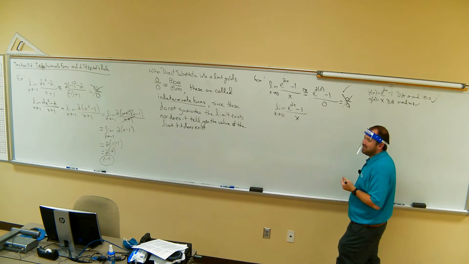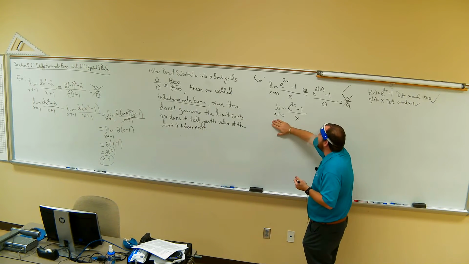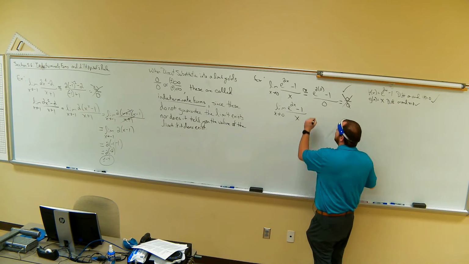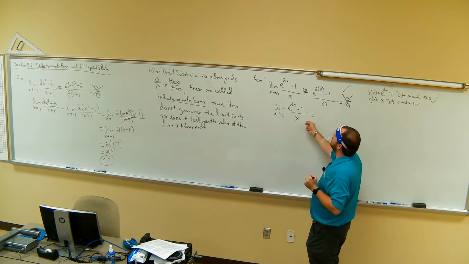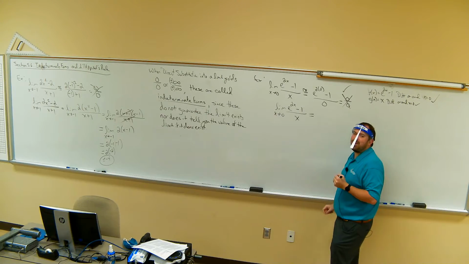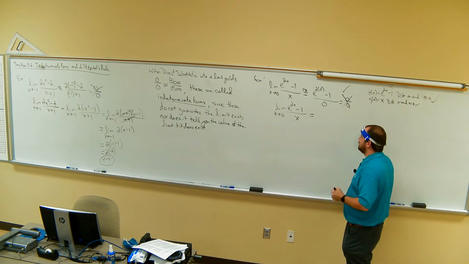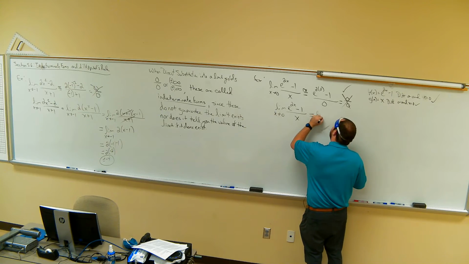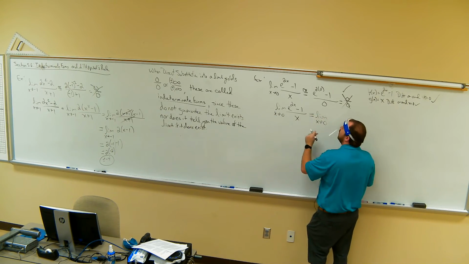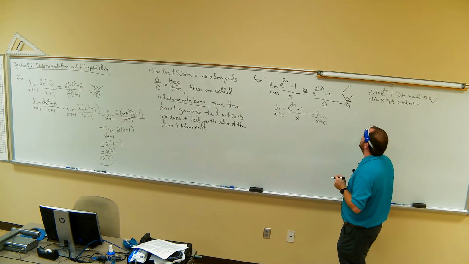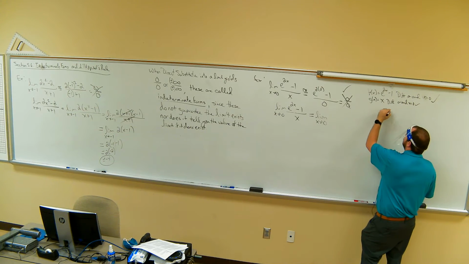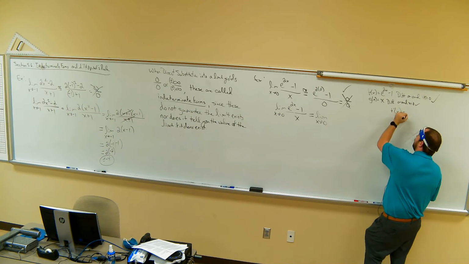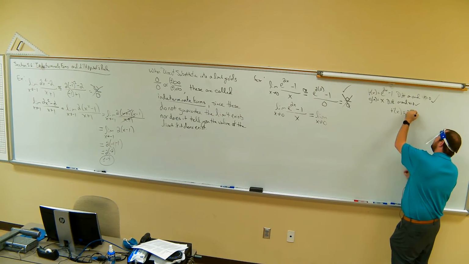L'Hopital's rule applies. So that means if I want to find this limit now, the only thing I have to do is be able to take the derivative of the numerator and the derivative of the denominator. So what is the derivative of e to the 2x minus 1? 2e to the 2x.